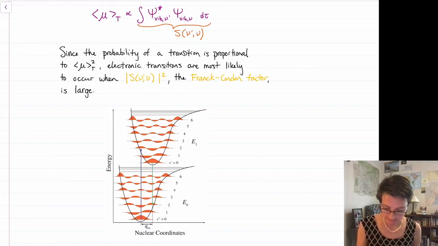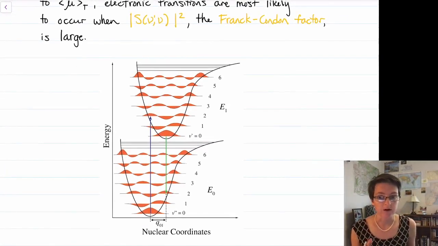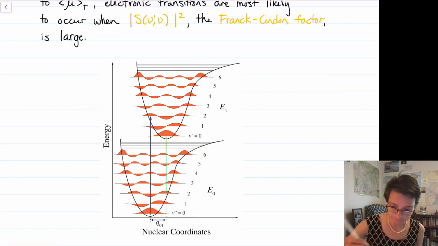So you'll notice that on this diagram, I'm showing now not only the two different electronic states and their vibrational fine structure, but I'm also showing the wave functions associated with each of the vibrational states.